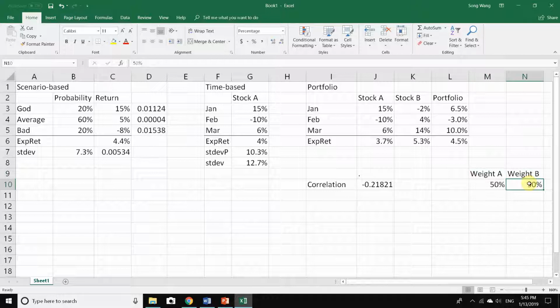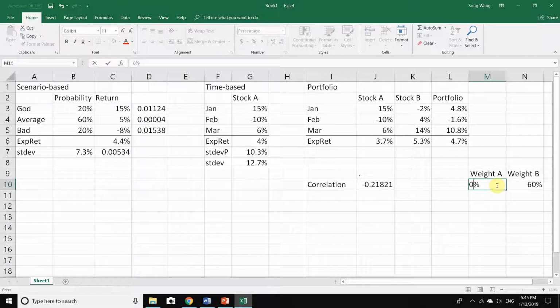All right. So now let me do this. I'm going to make B's weight as 1 minus A's weight. If I change A's weight to 40%, you will see that the portfolio return is getting lower towards B's return. If I change it to 0%, then the portfolio return will be exactly B's return.